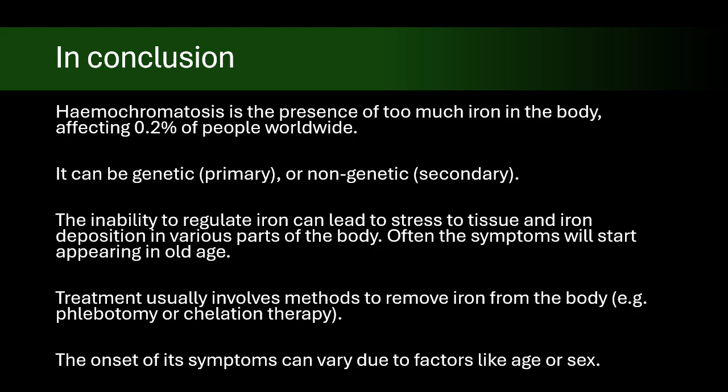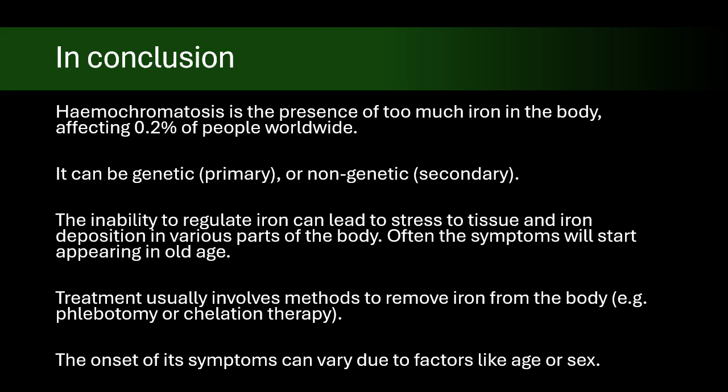The inability to regulate iron in your body can lead to stress to tissue via oxidation and reduction and inflammation, as well as iron deposition in various parts of your body. Most of the time, symptoms will start to appear more rapidly in old age, but there are types of haemochromatosis that exhibit symptoms in younger years as well, or early onset.